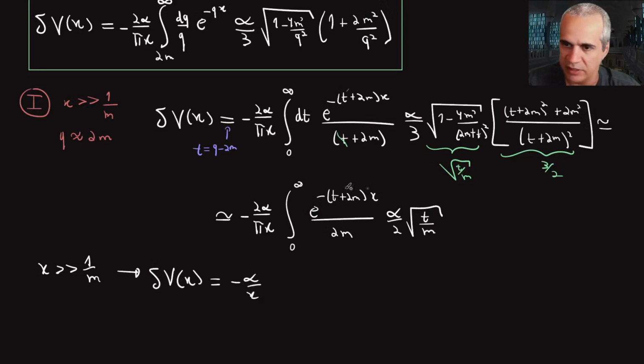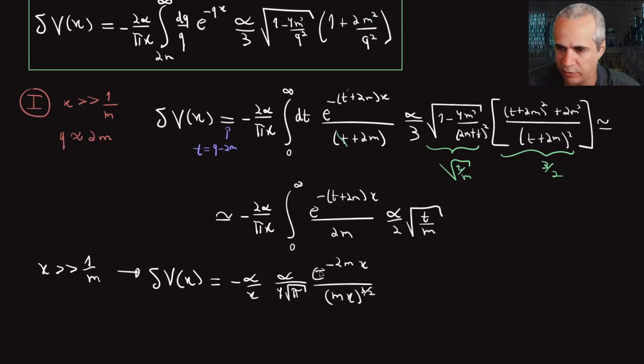So this integral will give me another pi that cancels here, and then, in fact, I have a square root of pi, and what's left is this: the exponential of minus 2m x over (m x) to the 3/2. So you see, again, you have a Coulomb potential times a correction.